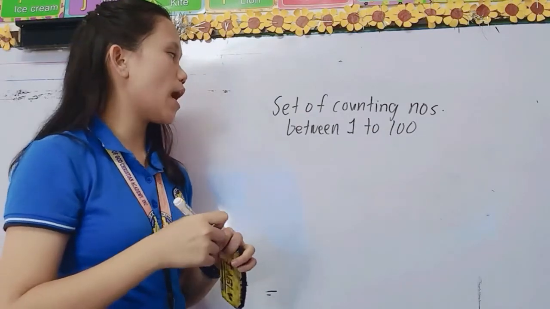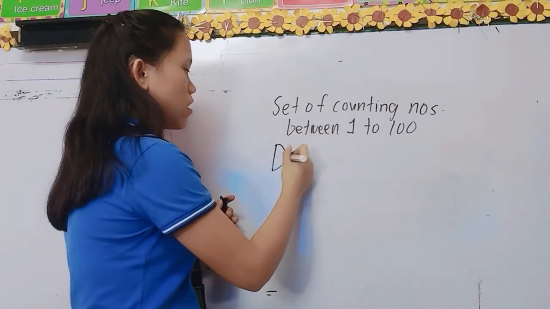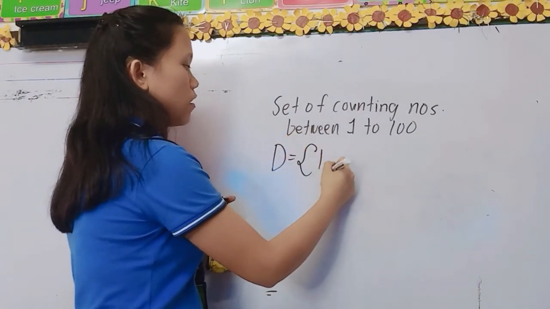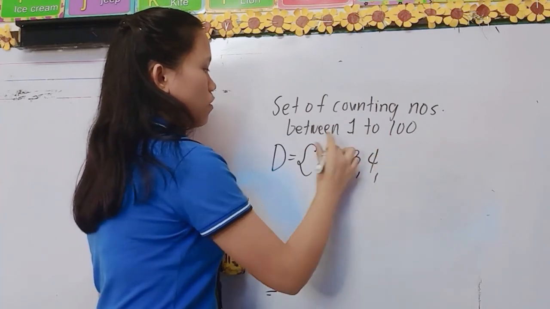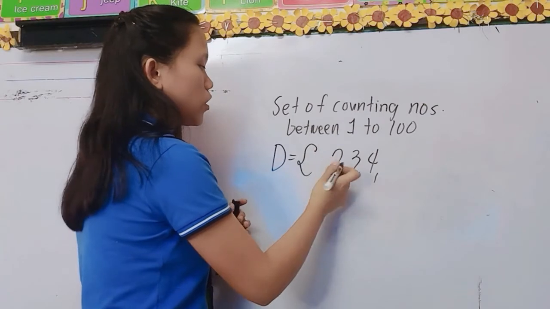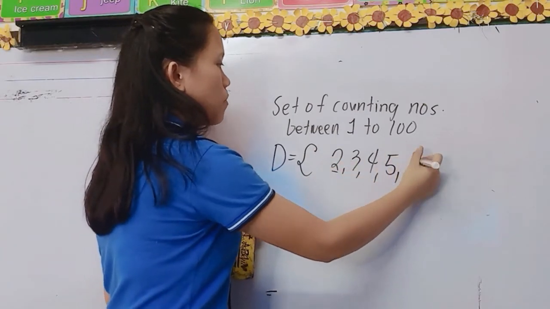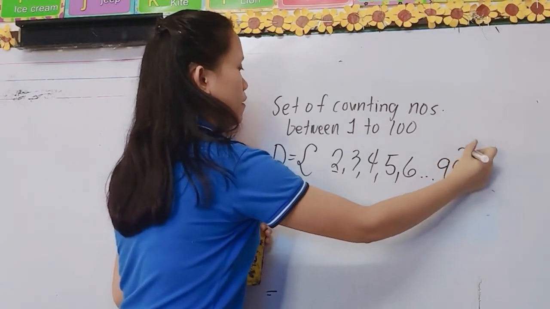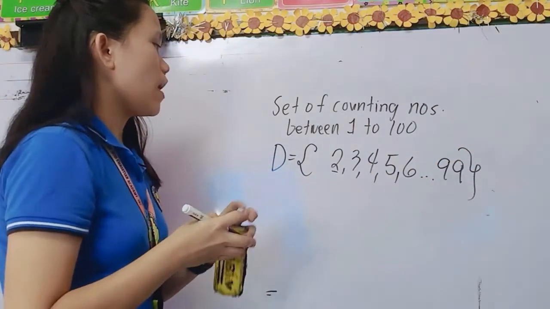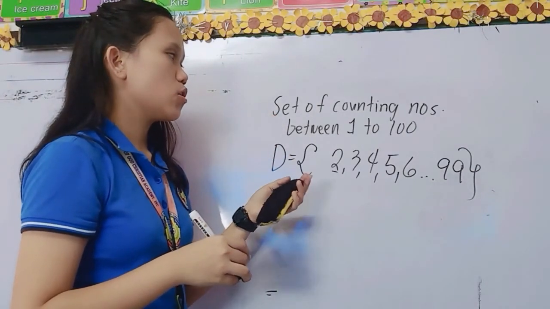So you can write set D is equal to 1, 2, 3, 4. No, since it is between, we're going to start from 2: 2, 3, 4, 5, 6, ellipsis, 99. So this is how we represent the given set using the roster method.